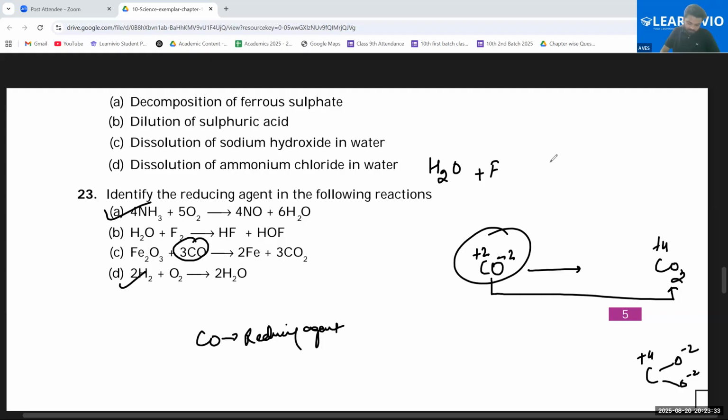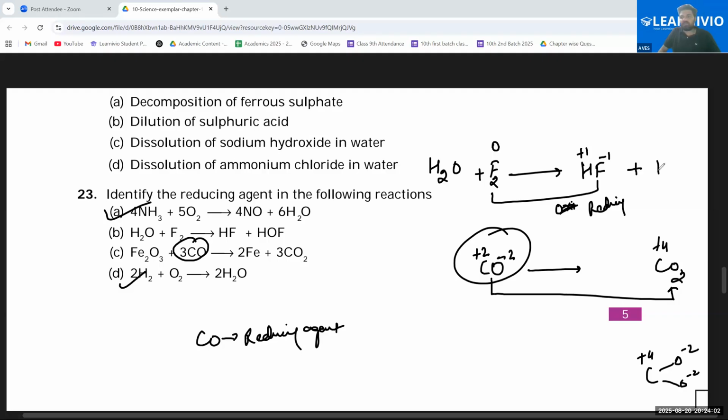Just a minute. F2. So if I'm talking about this one, this is F2. Fluorine has zero oxidation state because it is in the molecular form, purest form. But in HF it has -1 and here it has +1. So 0 to -1 is reduction. Sorry, it is reducing.